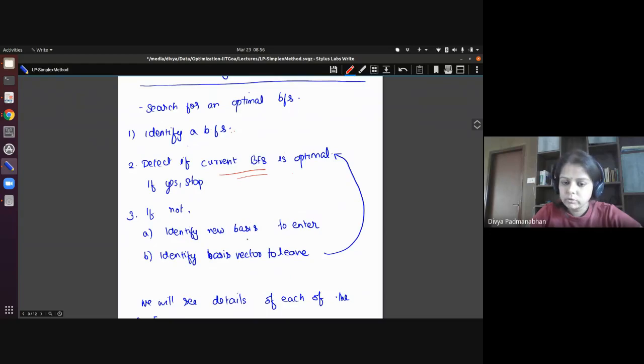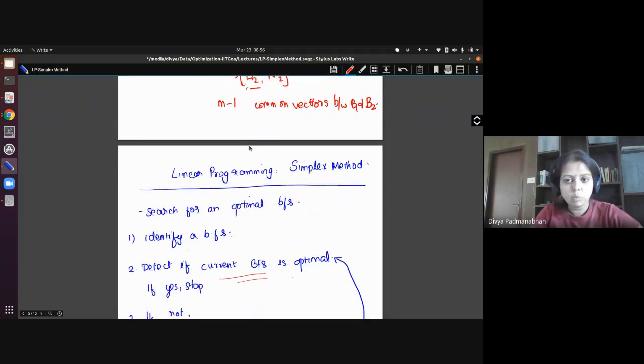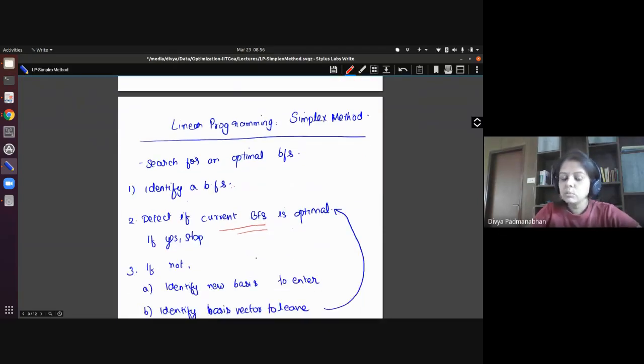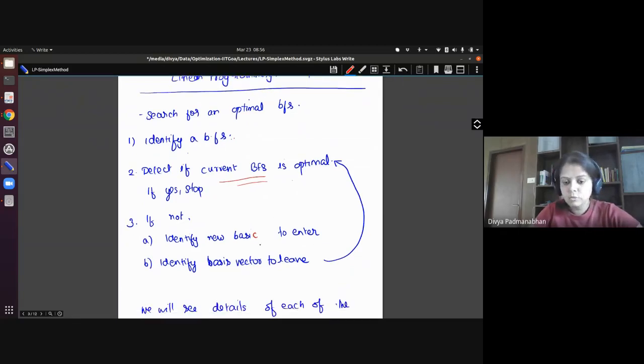So this idea that I told you, that there are m minus 1 common vectors between two adjacent basic feasible solutions. What you do is you now find a new basis to enter, based on some criteria that we will come to. So you identify which is the new basic vector which has to enter, and identify a basic vector which has to leave the system.